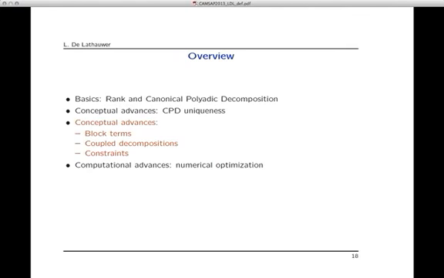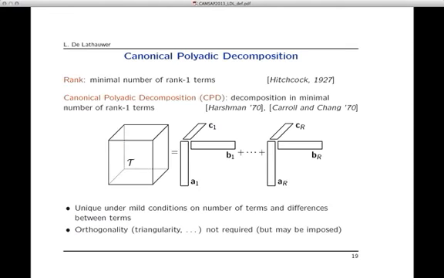Obviously, besides uniqueness, there are also other conceptual advances that have more to do with the type of decompositions. This is CPD. One way to see it is that you have here a set of data matrices, and the first data matrix is just this rank 1 matrix times a coefficient plus this rank 1 matrix times a coefficient, and the whole series.